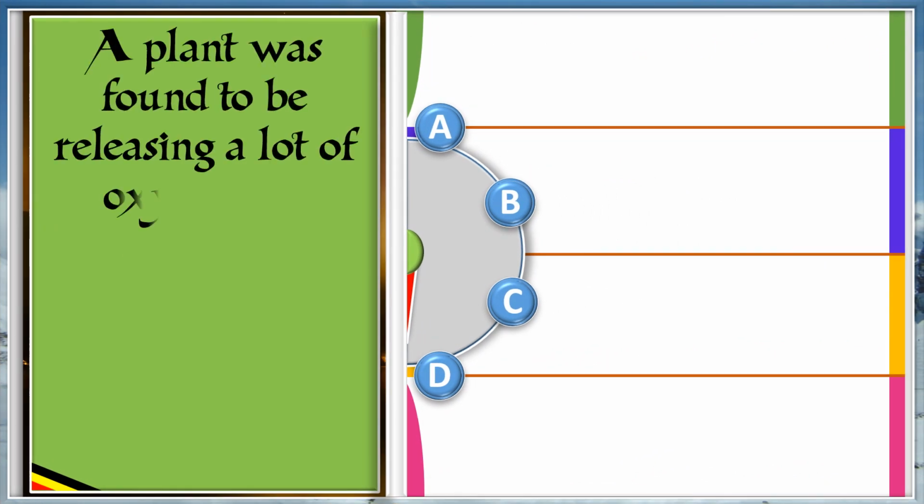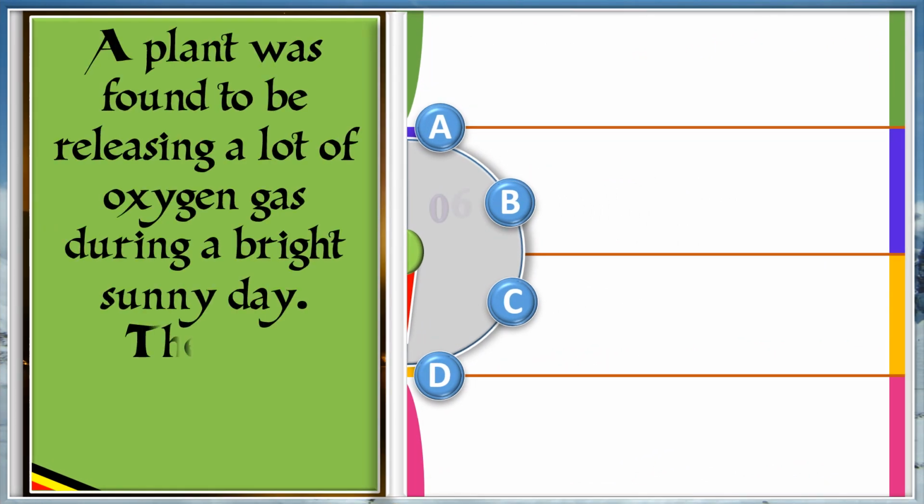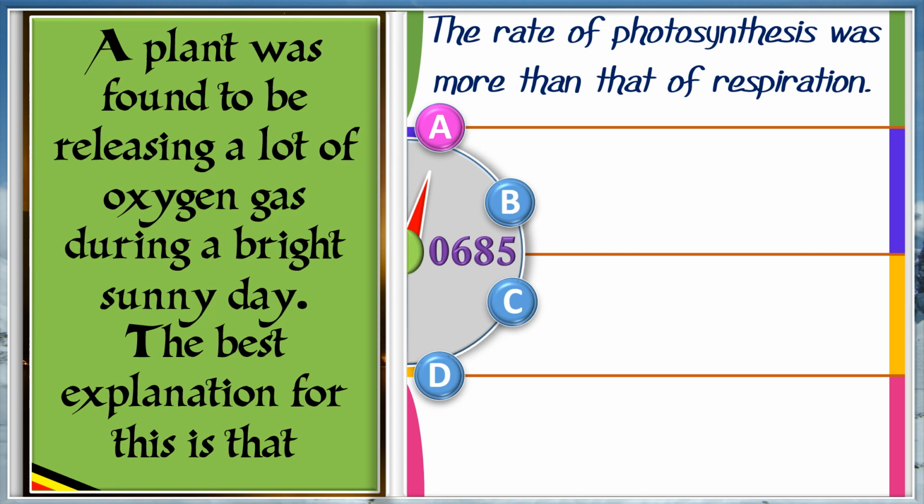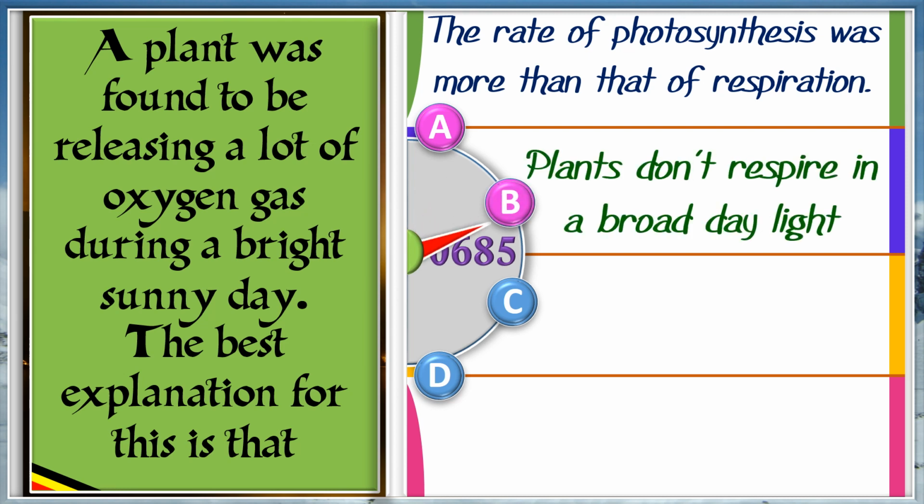A plant was found to be releasing a lot of oxygen gas during a bright sunny day. The best explanation for this is that A. The rate of photosynthesis was more than that of respiration. B. Plants don't respire in broad daylight.